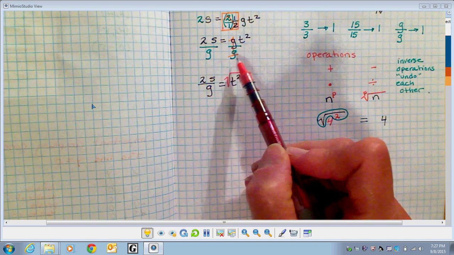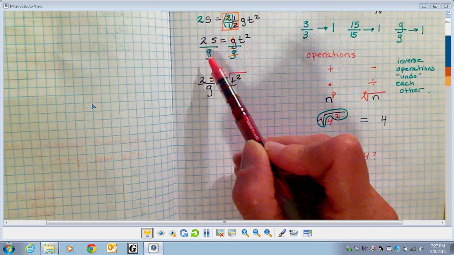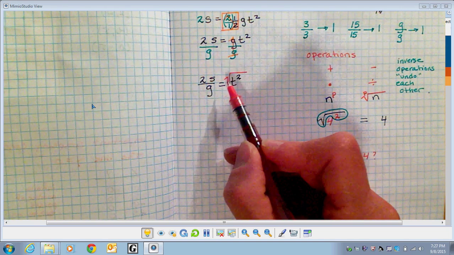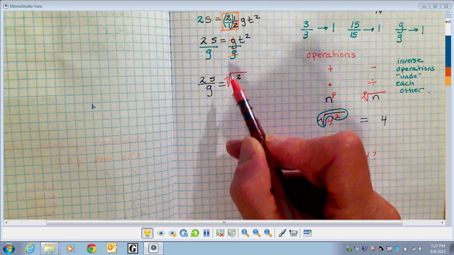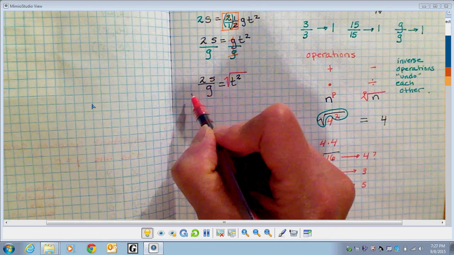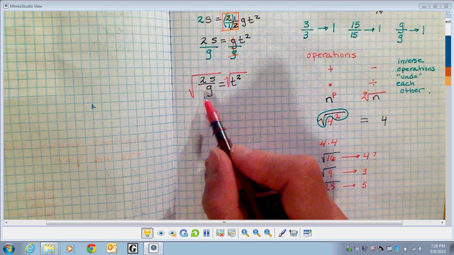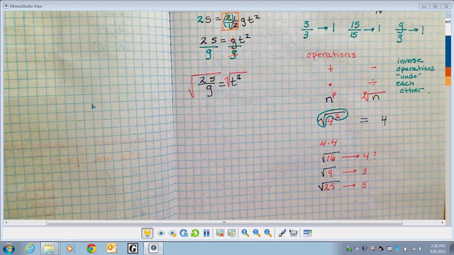I divided everything on the right by g. I have to divide everything on the left by g. So if I take the square root of everything on the right, I have to take the square root of everything on the left. I have to do everything.